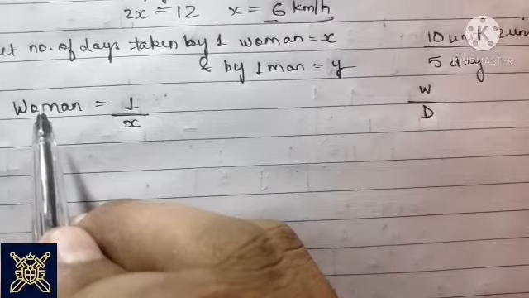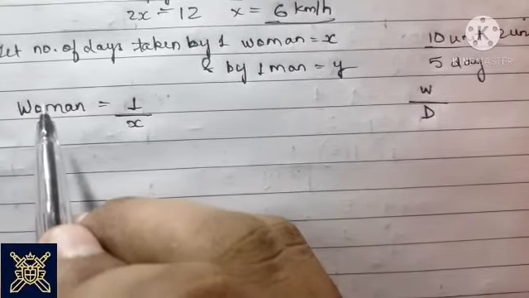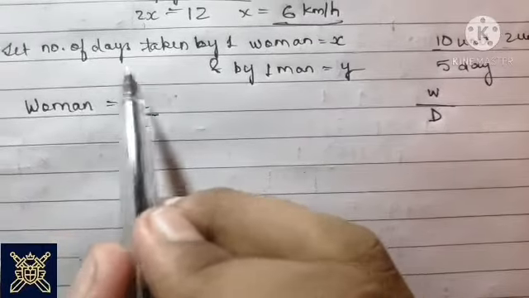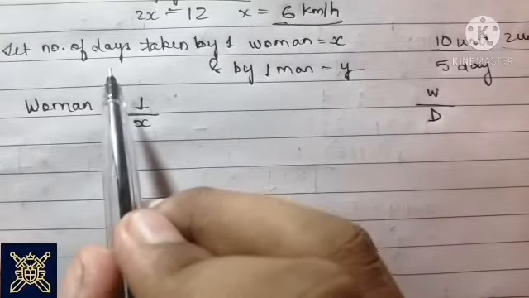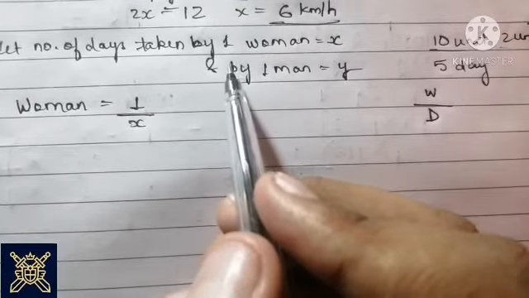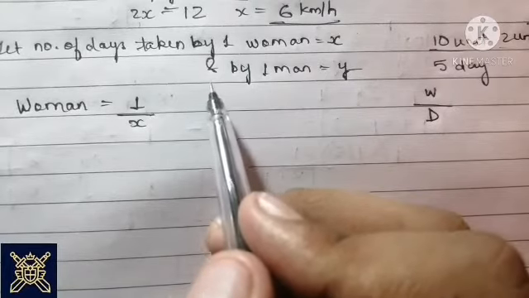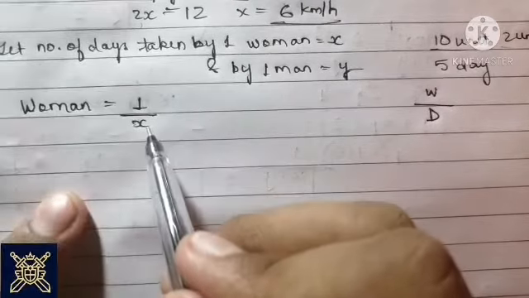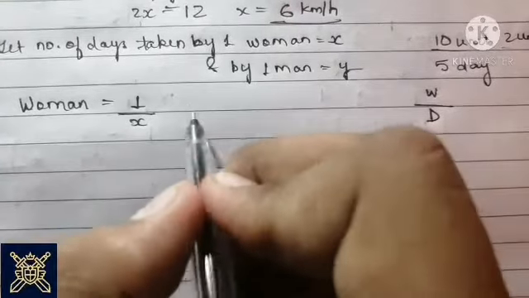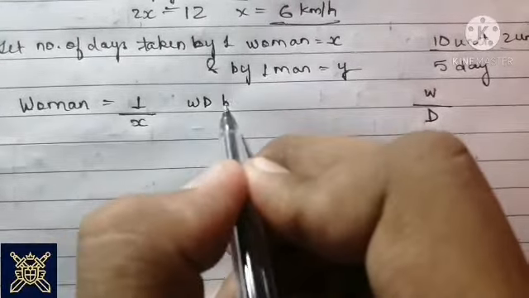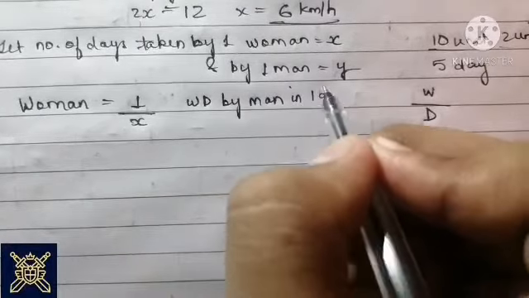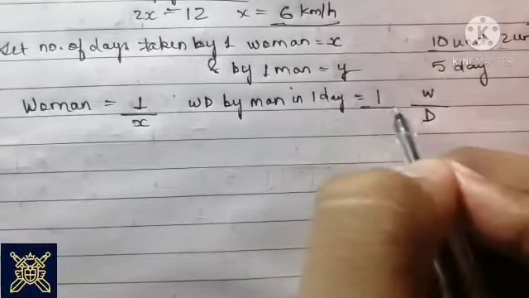A woman takes x days to complete one work, therefore she does 1 upon x work in one day. So work done by a woman in one day is 1 upon x, and work done by a man in one day is equal to 1 upon y.